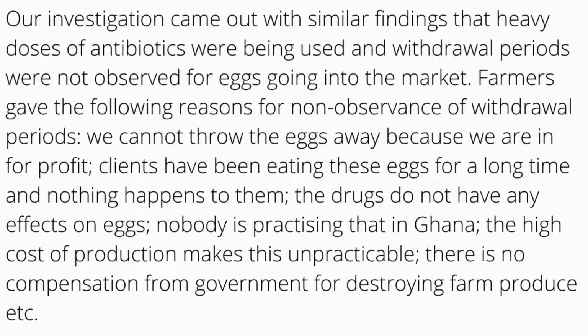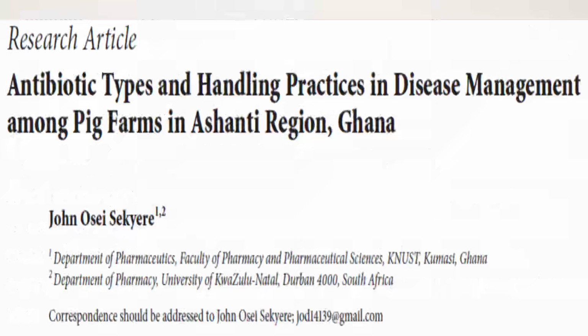This study was published in 2012, so the story might be different now. Let's look at a different study published in 2014 on antibiotic types and handling practices in disease management among pig farms in Ashanti region.